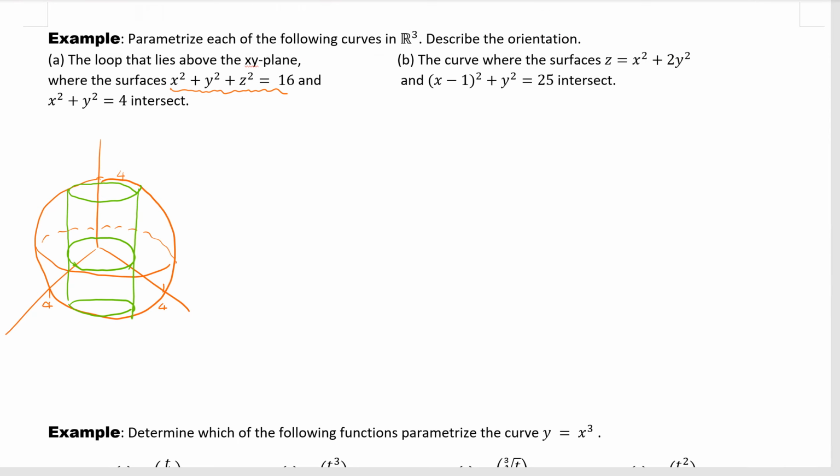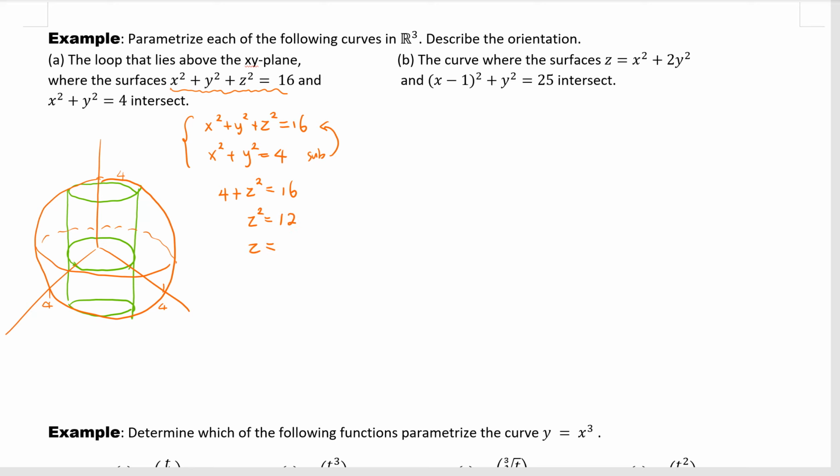Okay, so let's find that out. We can make a system of equations. One of them is the sphere. The other one is the cylinder. When we intersect, we can use substitution. I can substitute this into equation 1. Then we get 4 plus z squared equals 16, right? And then z squared equals 16 minus 4, which is 12.